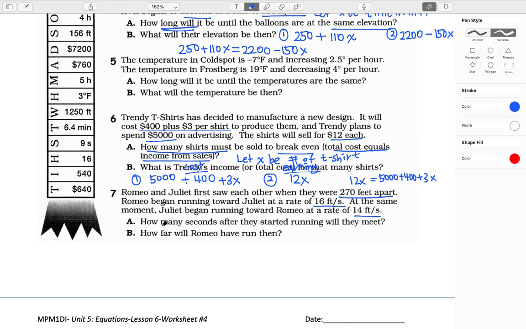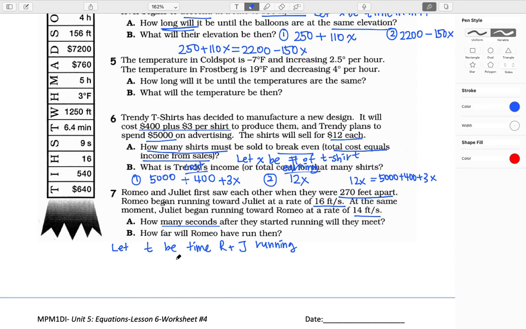The question is, how many seconds after they started running will they meet? So we could say let t be the time or the seconds that Romeo and Juliet started running at the same time.